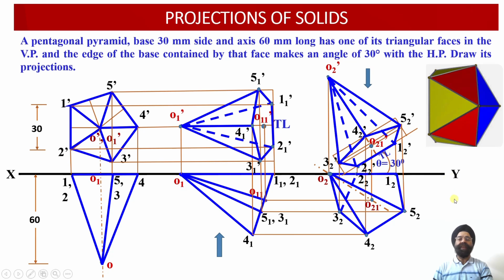So with this we complete the discussion about obtaining the orthographic projections of this pentagonal pyramid when it is first inclined with respect to the vertical plane and then subsequently inclined with respect to the horizontal plane. So this is all for today.